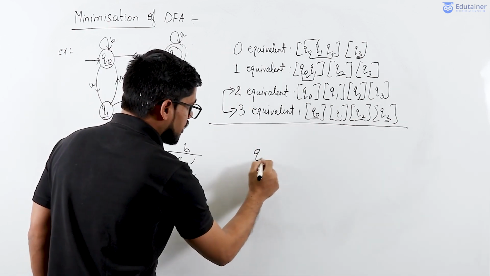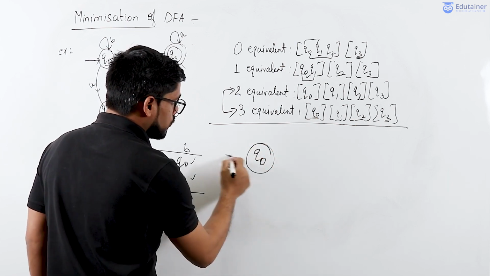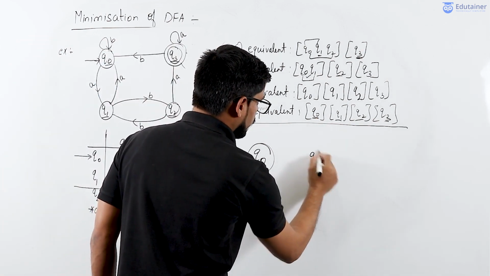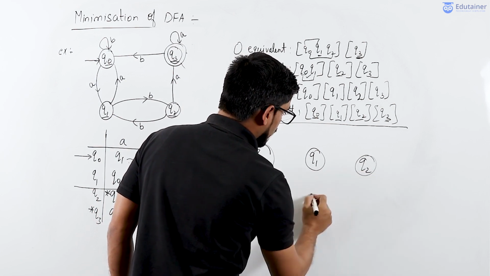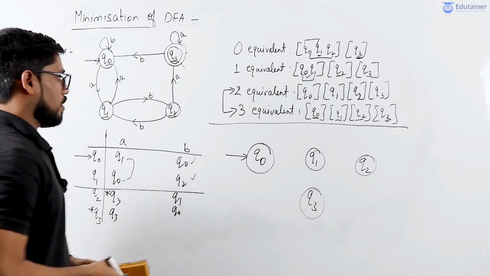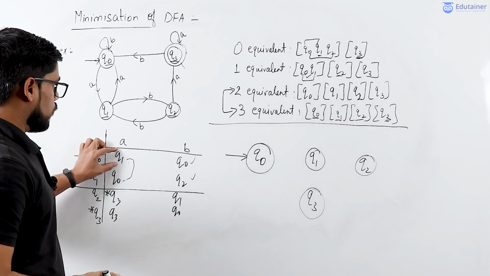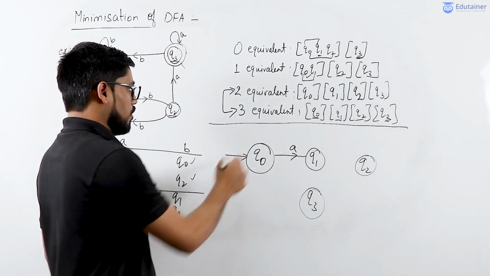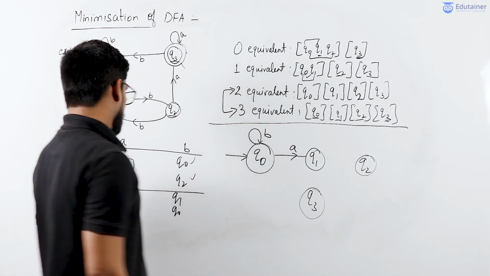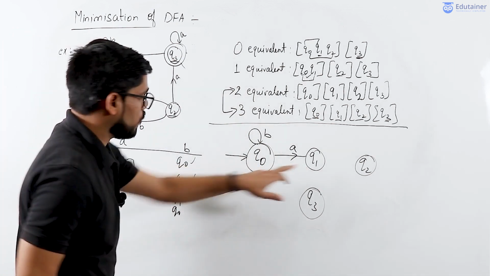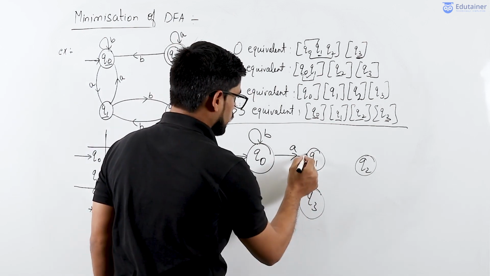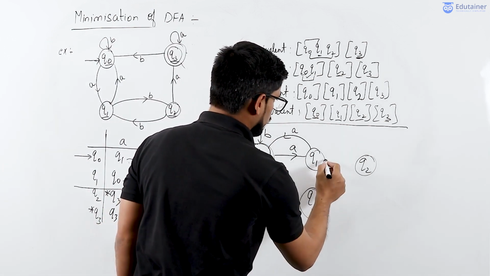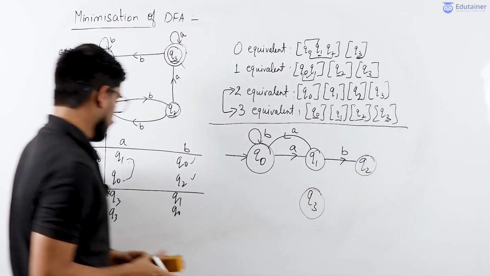And now after constructing the three equivalent, there are a total of four different states: Q0, Q1, Q2, Q3. So in the final transition diagram, I have four different states. Q0 is the initial state, and then Q1, Q2 and Q3. Now Q0 on small a will go to Q1, and on small b it will go to Q0 itself. Take the next state Q1. Q1 on small a will go to Q0, and on small b it will go to Q2.